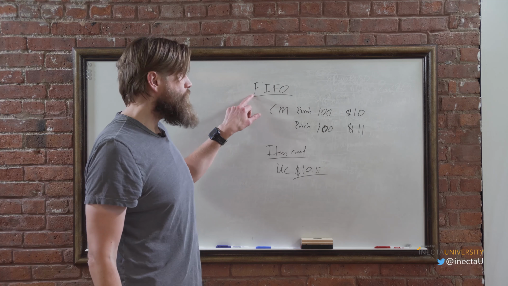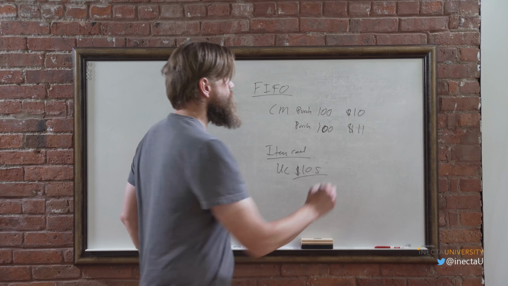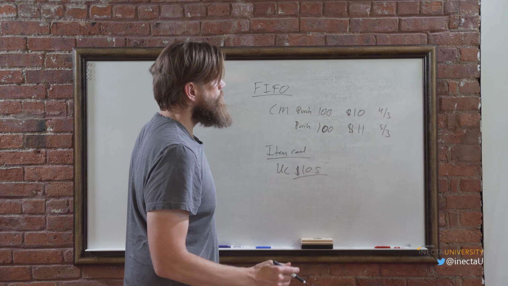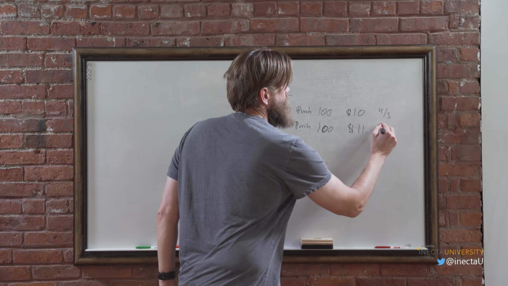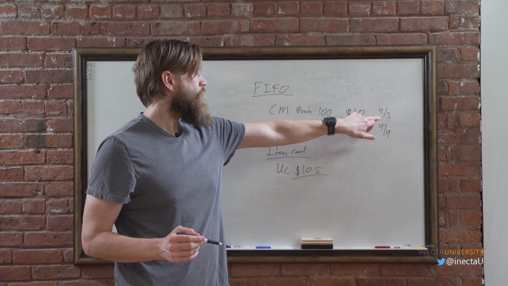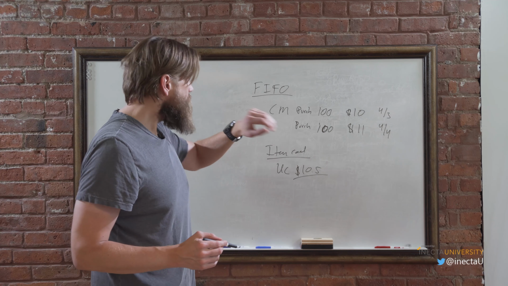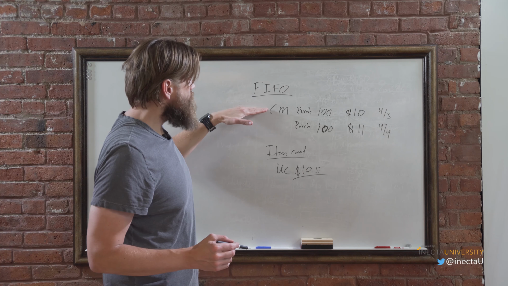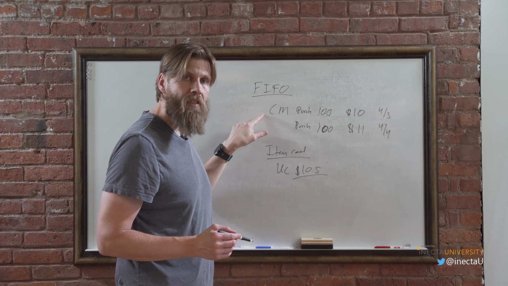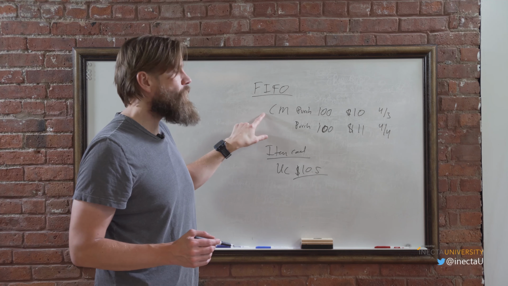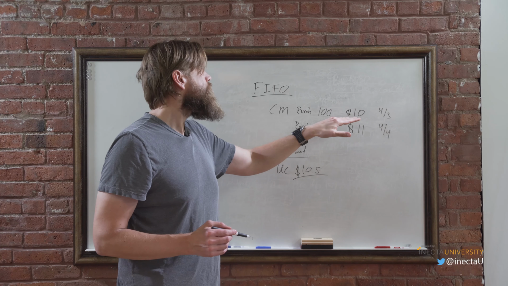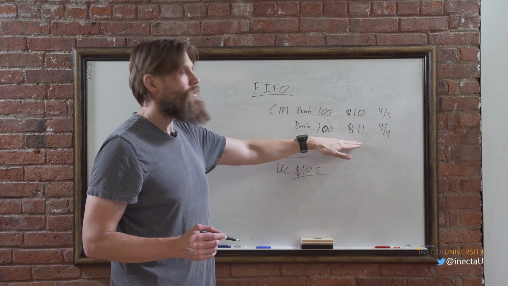So even though you have a FIFO system, and this is the first transaction, let's say this is 4.3 and this is 4.4, on the 3rd of April and the 4th. The item card should be showing a unit cost of 10 because it's FIFO, and FIFO means it takes the first transaction that's available, has remaining quantity, and takes inventory and cost from that. And then when that's done, it goes to the next one.